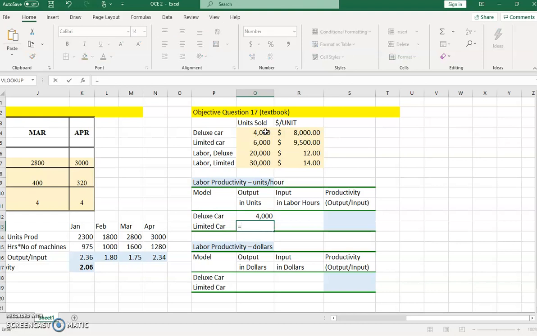For the limited car, the output is going to be equal to Q5.